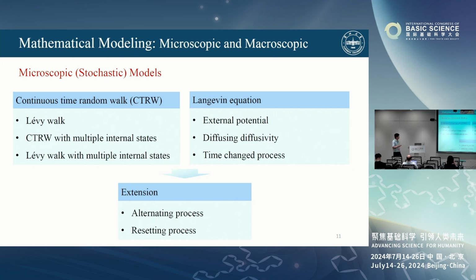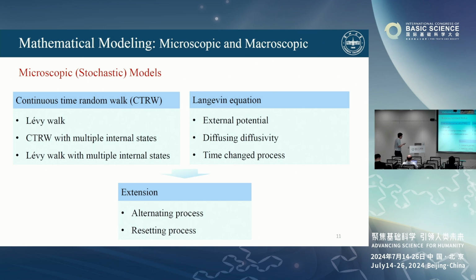So the framework: the first one is based on the so-called CTRW model. It is very often used by the statistical physics community. Another one is the Langevin equation. As an example, this is a simple example of a Langevin equation to define a stochastic process.